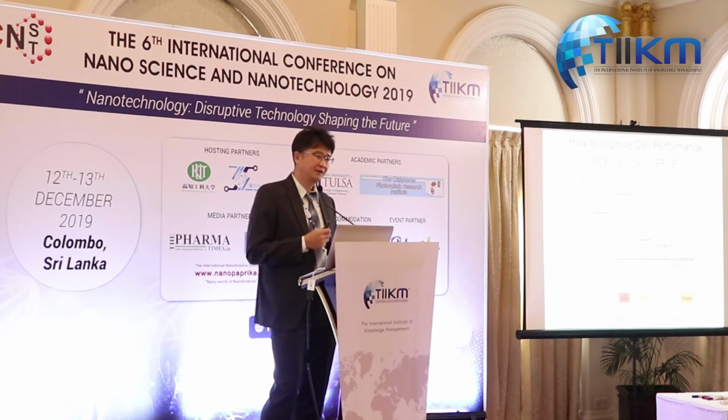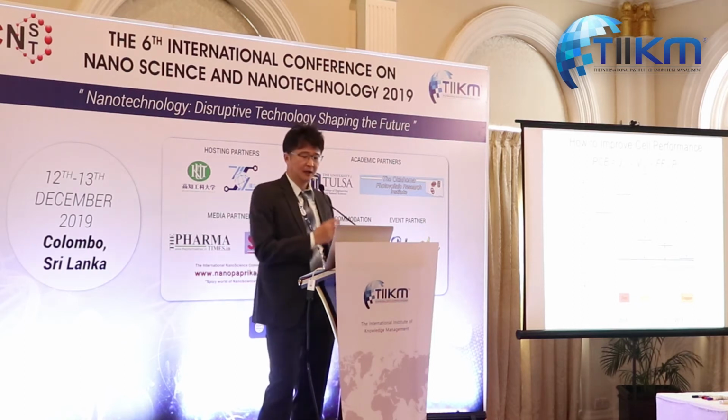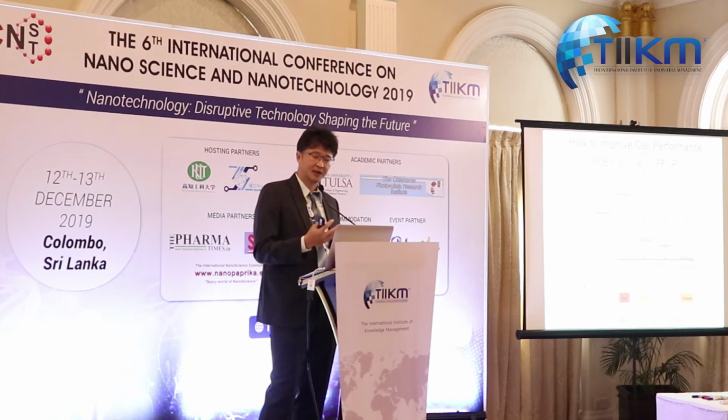To that end, the most efficient DSCs have been achieved using cobalt-based electrolyte in combination with porphyrin or organic dyes. Recently, copper electrolytes have been used in DSC because of their more positive redox potential, so that you can get a higher VOC. And the reorganization energy for copper electrolyte is also less than for cobalt electrolyte.